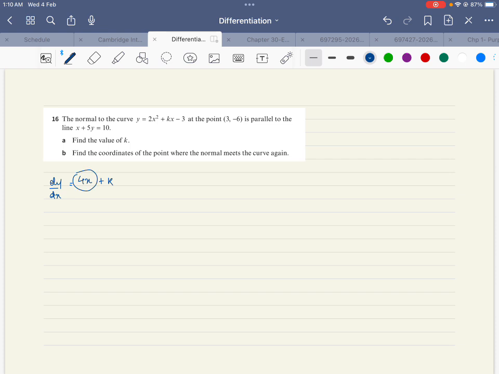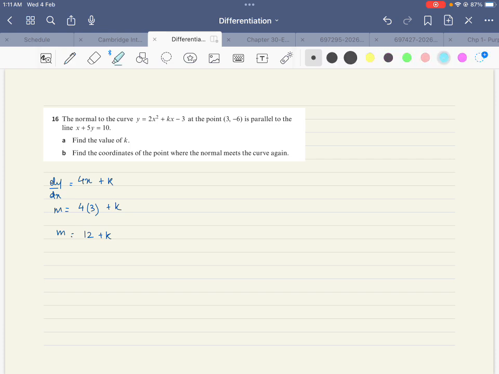Here we can only put in x, but we will still have k in the gradient. So m is equal to 4 multiplied by 3, because at this point, plus k. So the gradient is equal to 12 plus k.